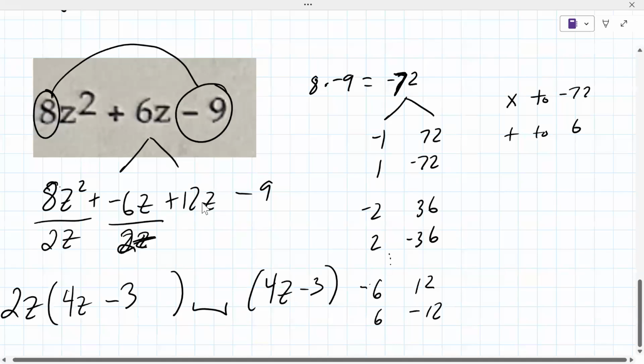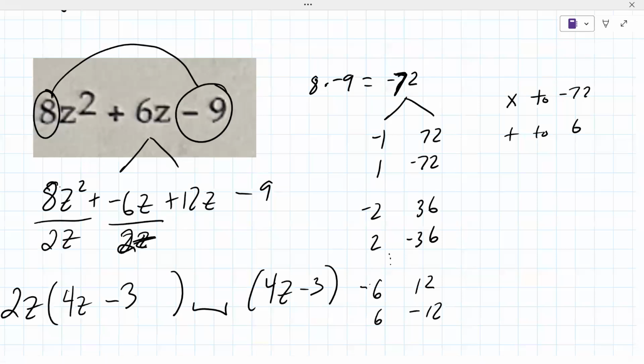Like, what do you multiply 4 by to get 12? What do you multiply 3 by to get the 9? Oh, okay. Wouldn't it be 3?